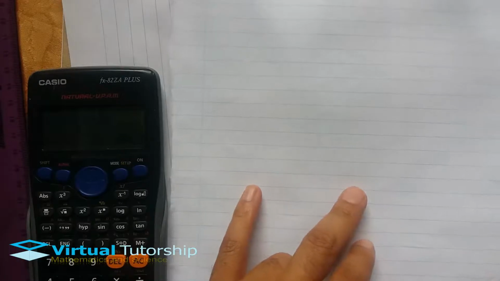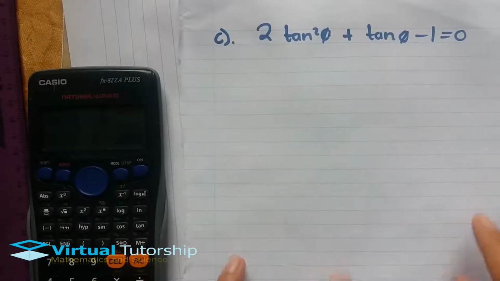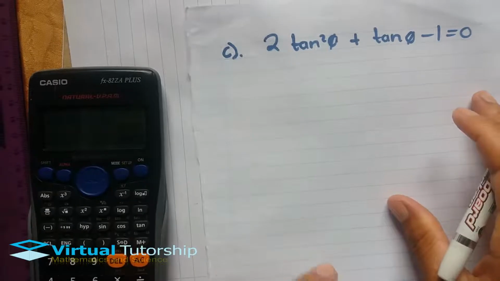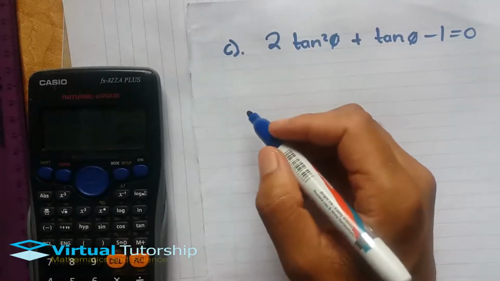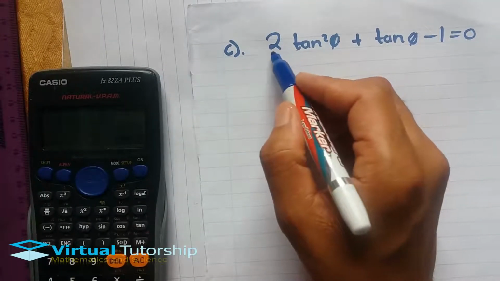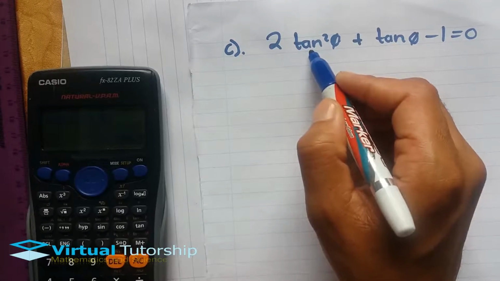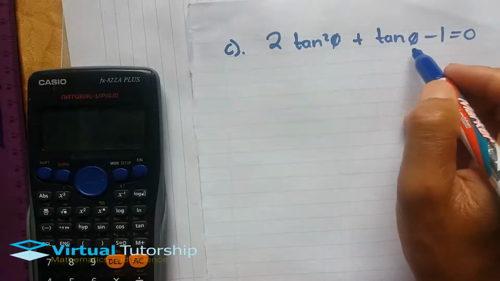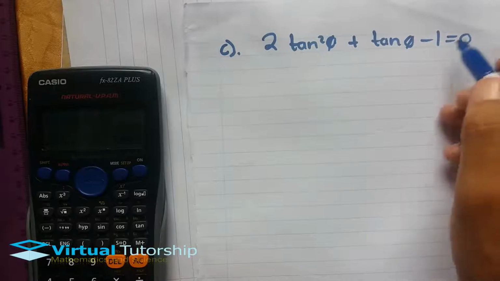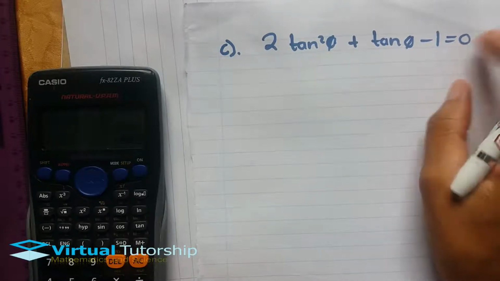Let's do another example. Let's start this one: 2 tan squared theta plus tan theta minus 1 equal to 0. There is a 0 on the right side, so it's fine.